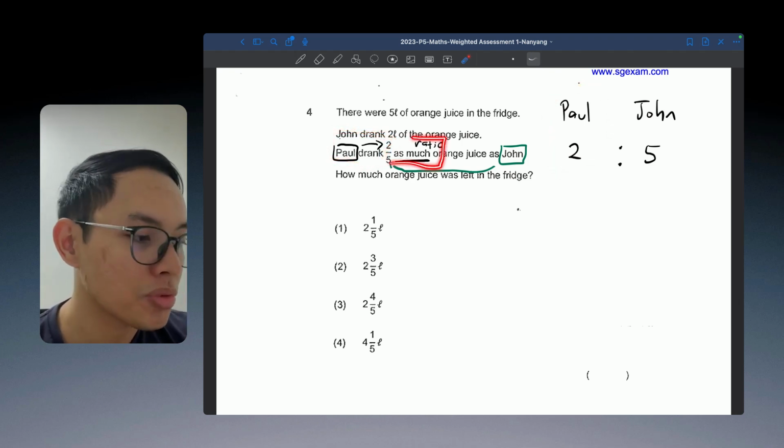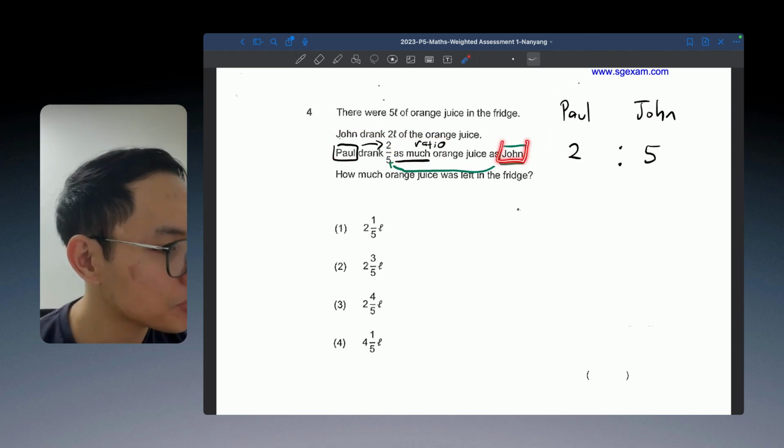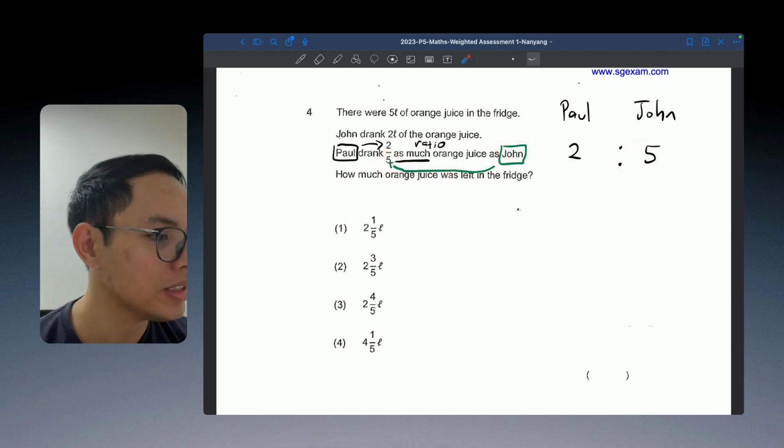Once you see as much, that's why you need to do a ratio, and that's why you put John, and that's why you put number 5 over here.